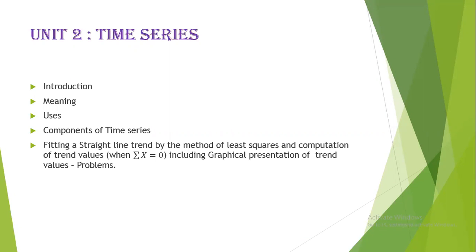In a time series, the data is arranged in chronological order. For example, you should take 10 years of data, the past 10 years. What is the result of a student in different years? What is the result of the company?